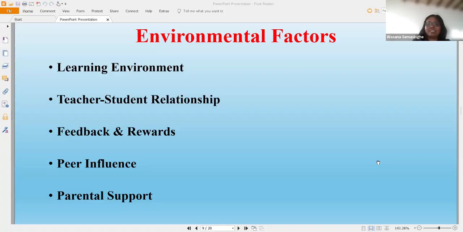The type of environment affects it. A positive learning environment is safe, comfortable, and supportive. A classroom that is clean, well organized, and free from distractions helps students to concentrate and participate actively. On the other hand, a noisy or stressful environment can reduce learning. Second, the teacher-student relationship also affects learning.